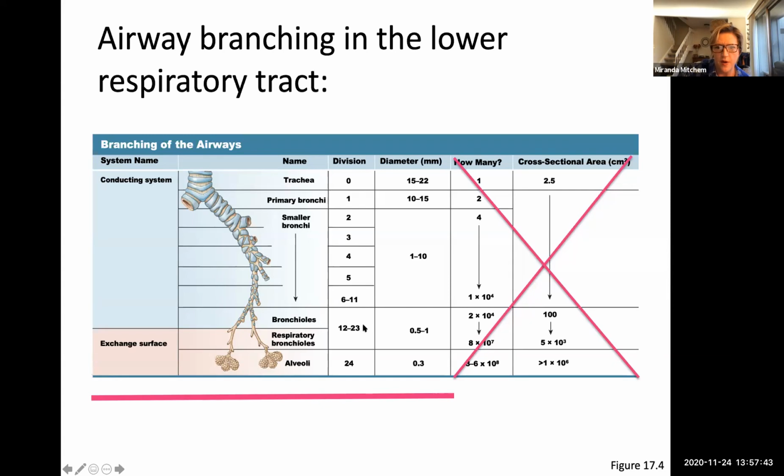But we do have quite a bit of division in there, and their diameter is slightly bigger than what we see with the alveoli themselves. So we have the bigger vessels going into smaller vessels, but then there's way more of these smaller structures. I shouldn't call them vessels. They're properly called airways, or the conducting exchange system.